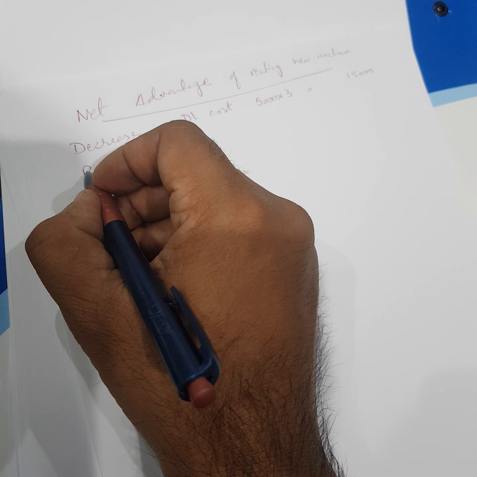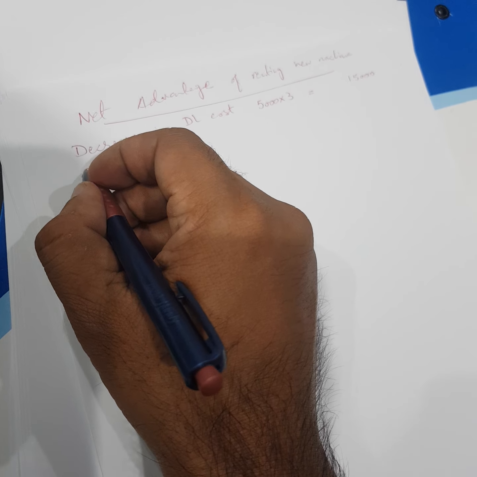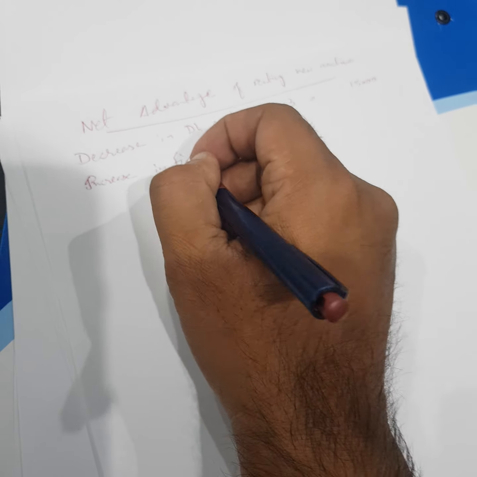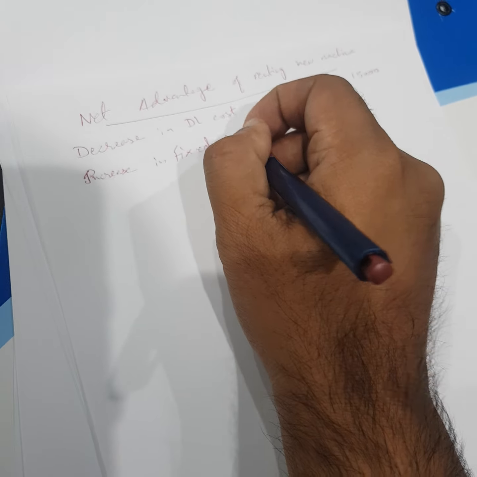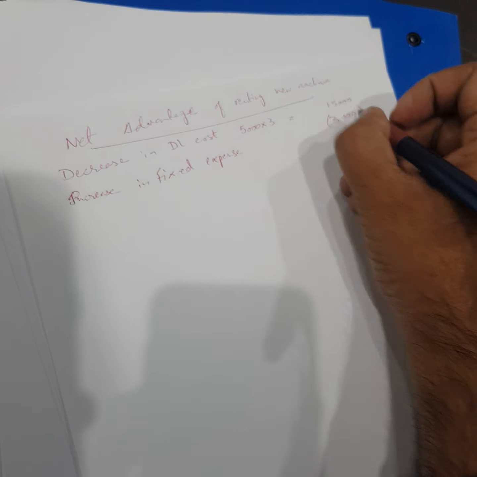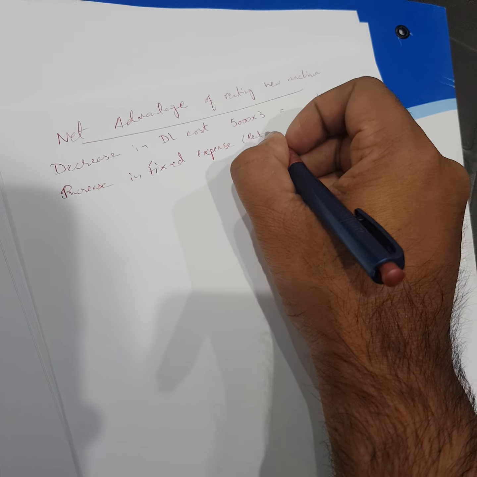The increase in fixed expense was 3,000, that was the rent of the new machine.